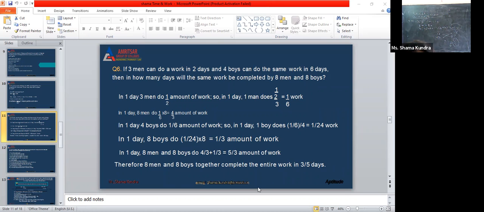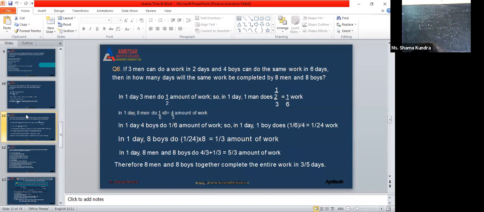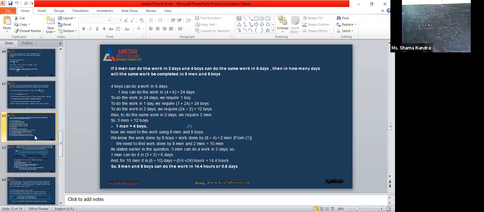Moving on to question number 7. This is the simplification of the above question. 4 boys can do the work in 6 days.